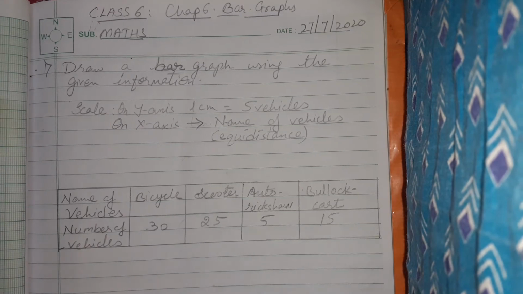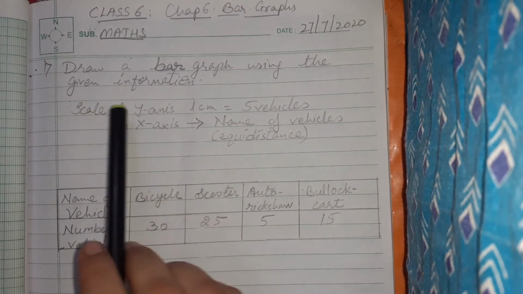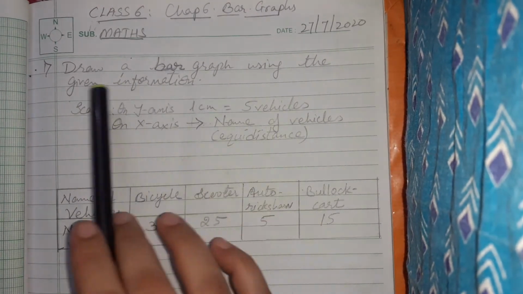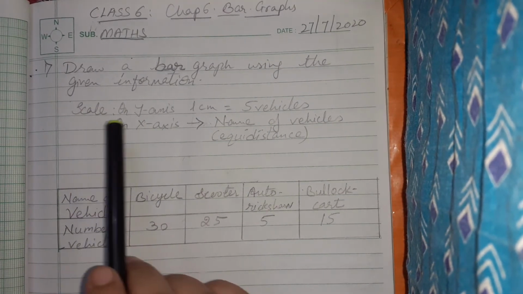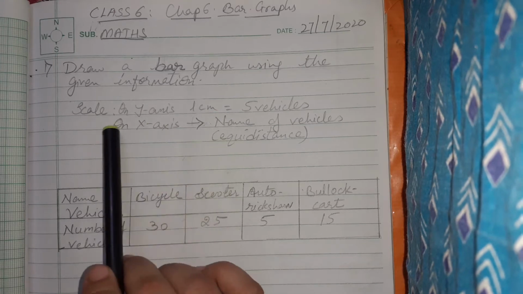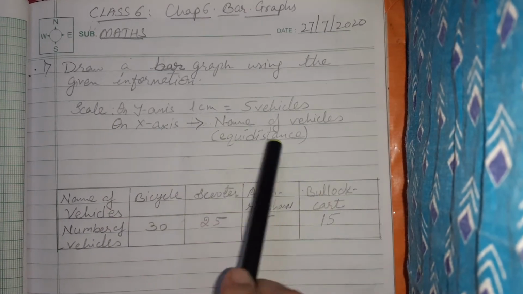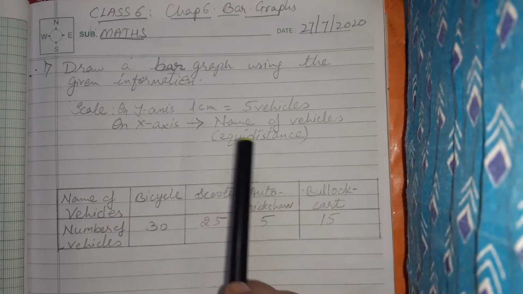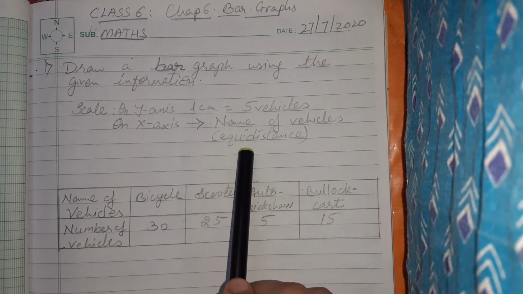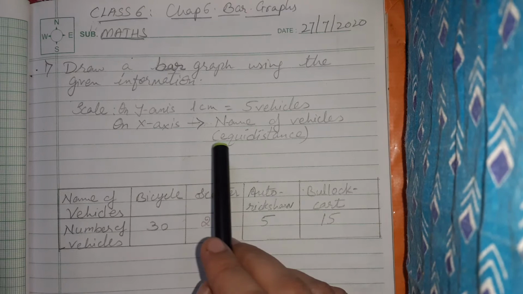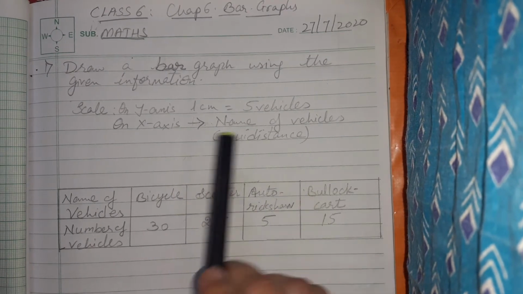Now let's understand first. Here we have to draw a bar graph using the given information. On a bar graph we have to take a proper scale. On the x-axis we take the names of the vehicles, which should be equidistant from each other. That means all the bars should be at equal distance.